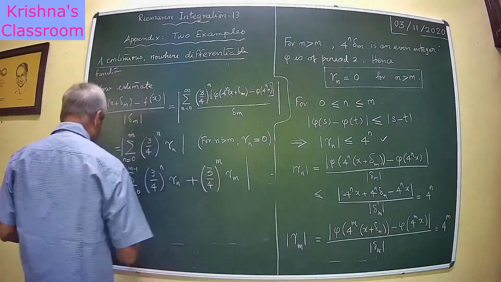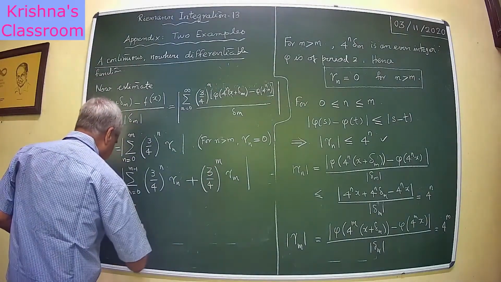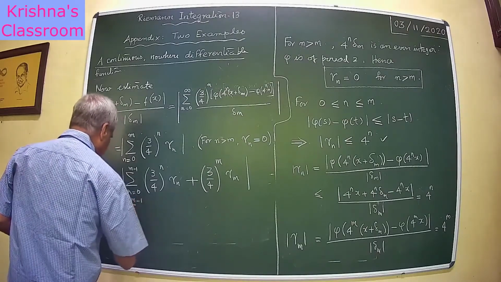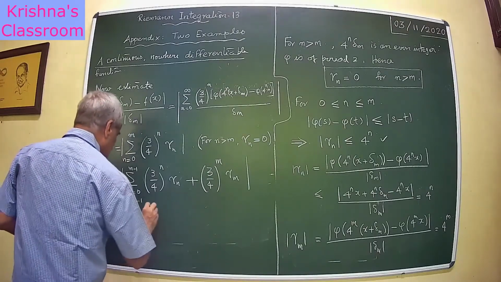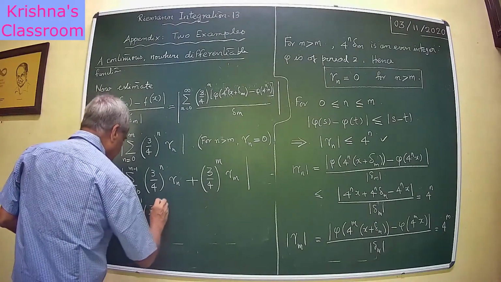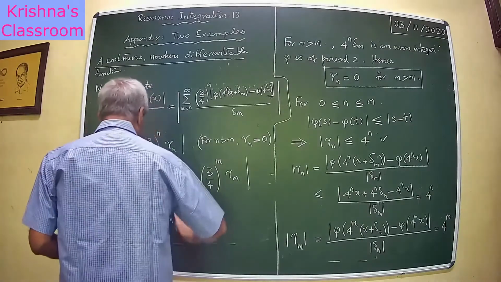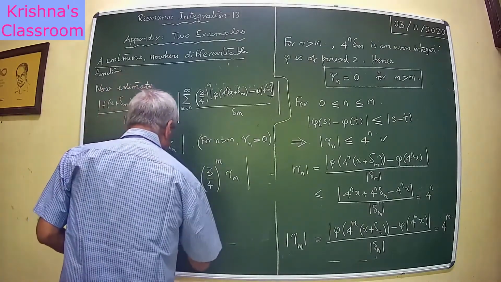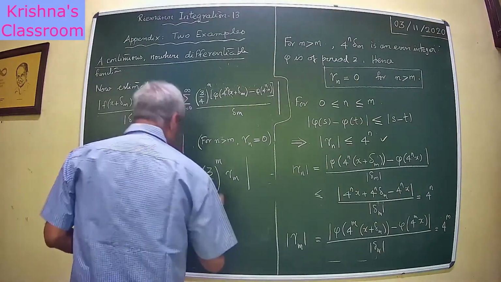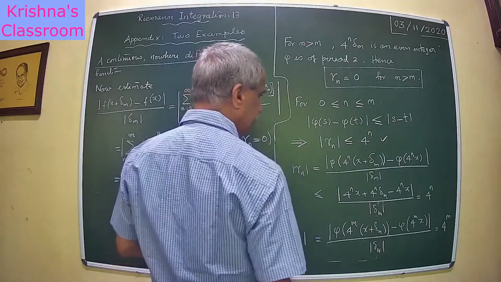So we use that this is equal to sigma n equal to 0 to n minus 1, 3 by 4 to the power n, plus into gamma m.